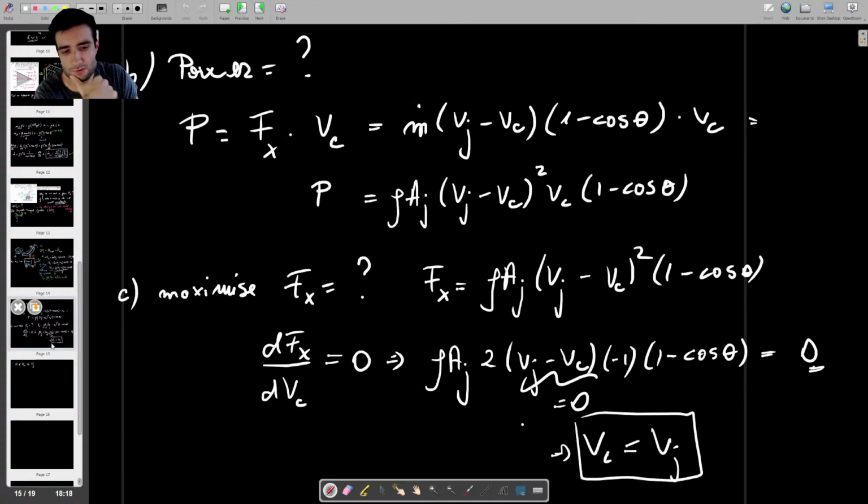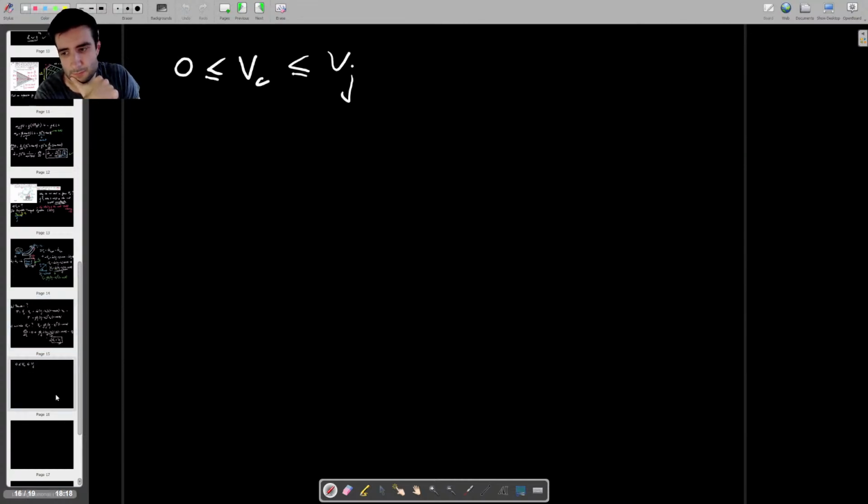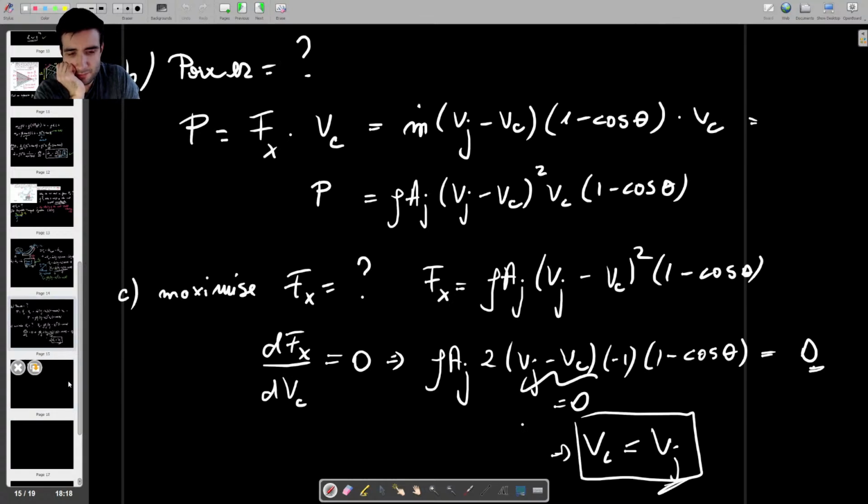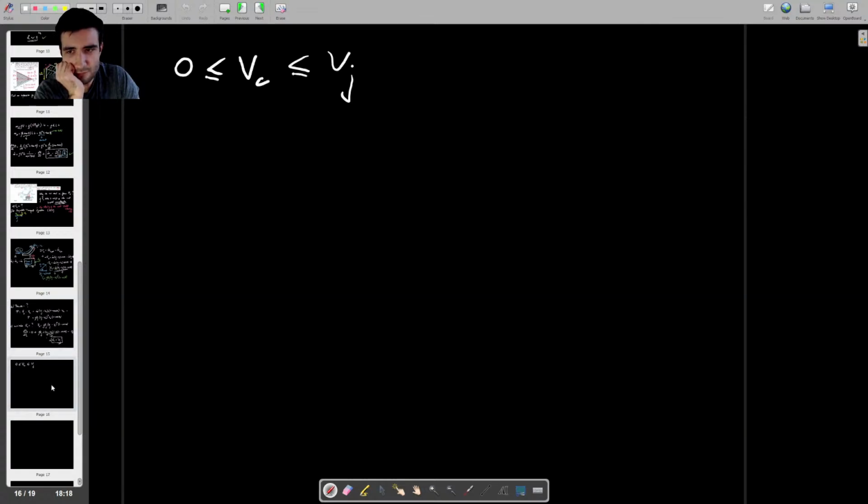And this gives us a stationary point here, but this doesn't really help us, because if you do F calculated when Vc is equal to Vj, that's going to give you a force of 0, which doesn't really make sense.